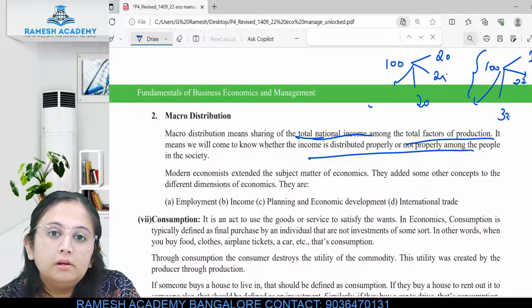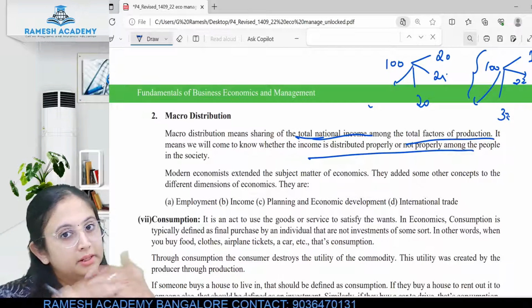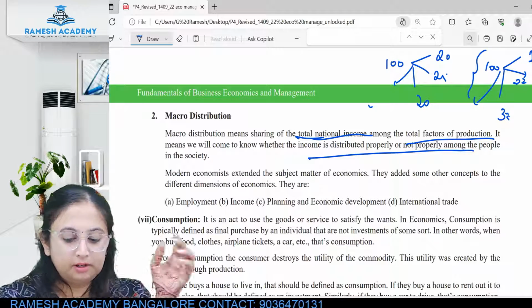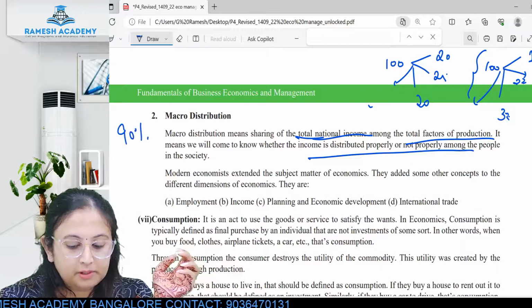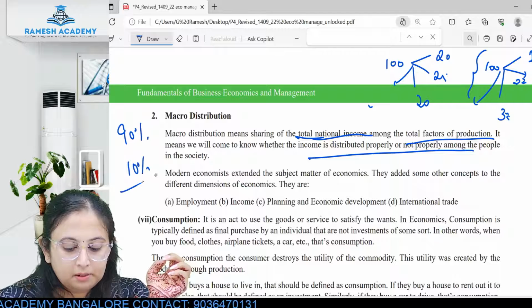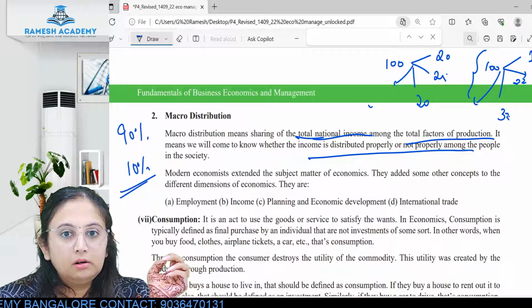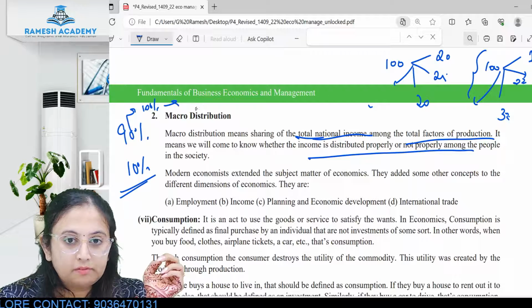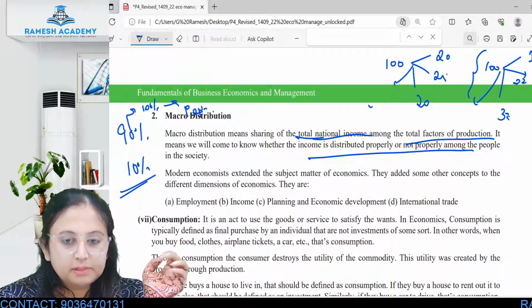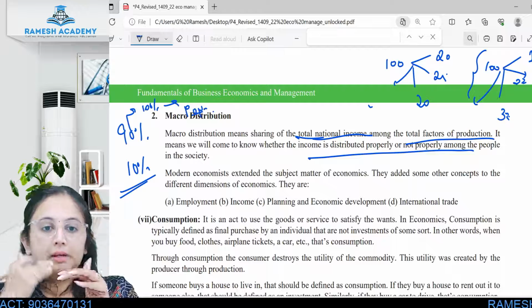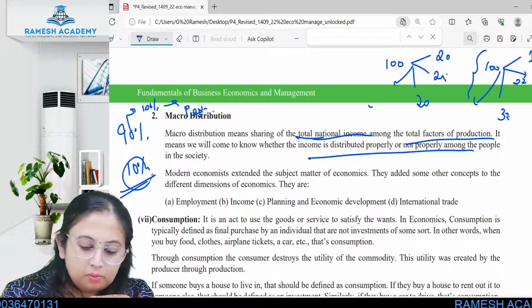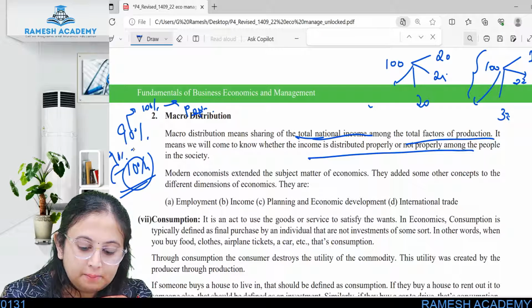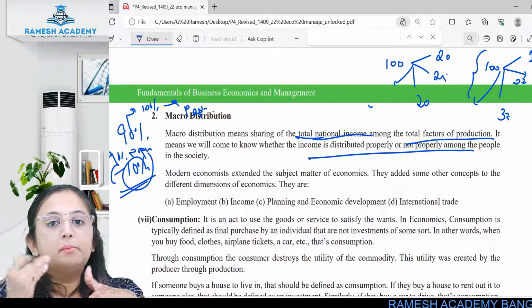Then what will happen? Rich is becoming richer because they are getting more and more profit. 90% profit with the entrepreneurs, only 10% income people are getting. So this will constitute to 10% of our population. Only 10% of population, they are rich, they are becoming richer and richer, and these poor people, which constitute to 90% of the population, they are becoming poor and poorer.